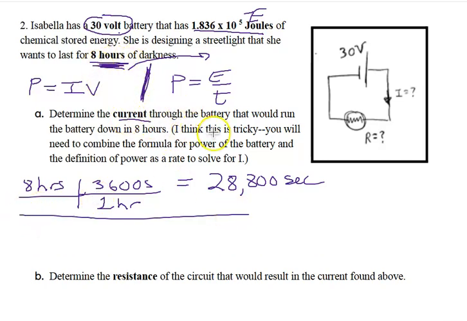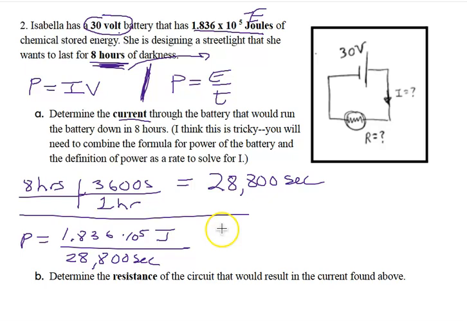Okay. And then power is energy over time. So let's calculate the power. We have 1.836 times 10 to the 5th joules of energy, and we want it to last for 28,800 seconds.